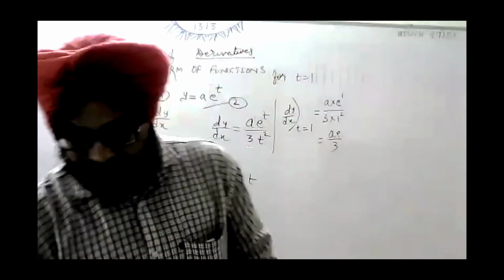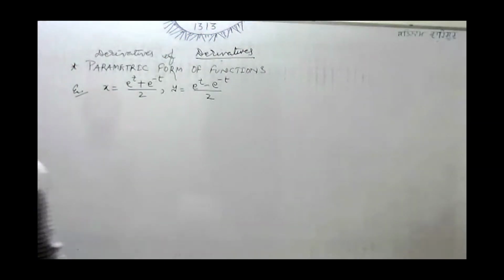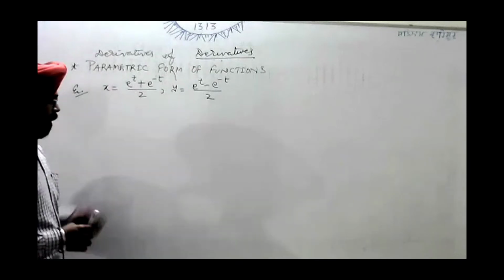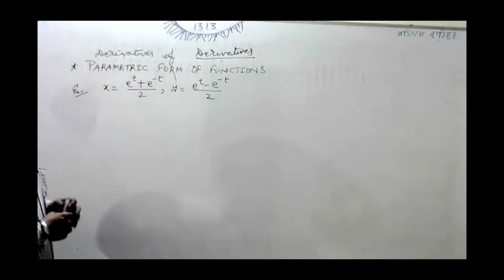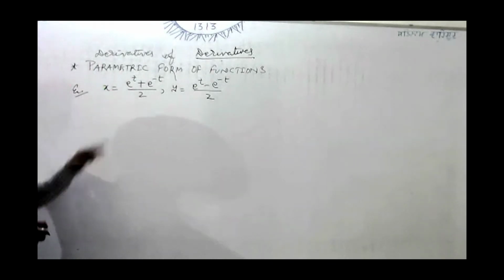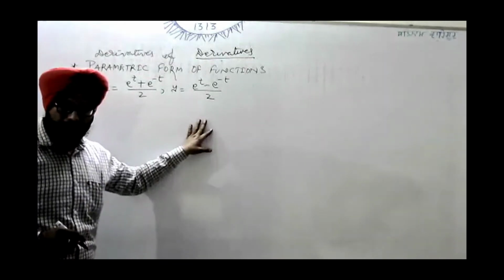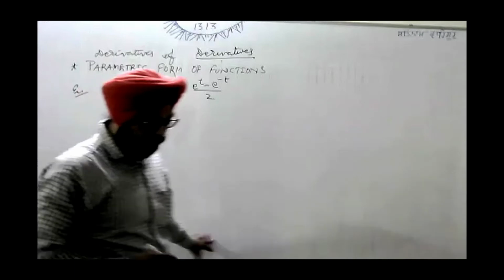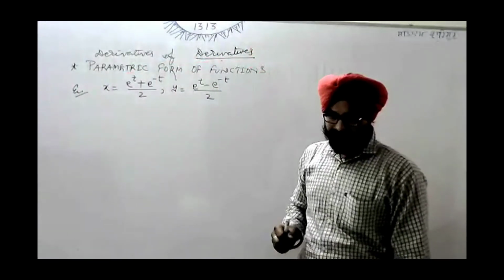Now, parametric function. Now we have taken this other type of function. Here we are given the values of x and y in terms of parameter t, and again we need to differentiate. By the way, let us not make it very complicated.